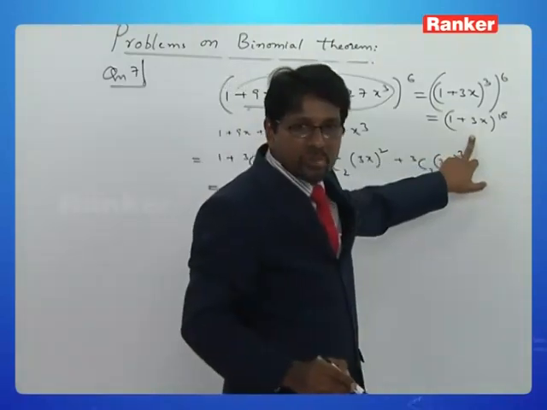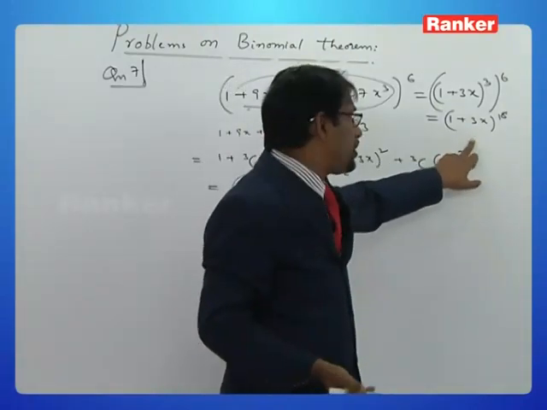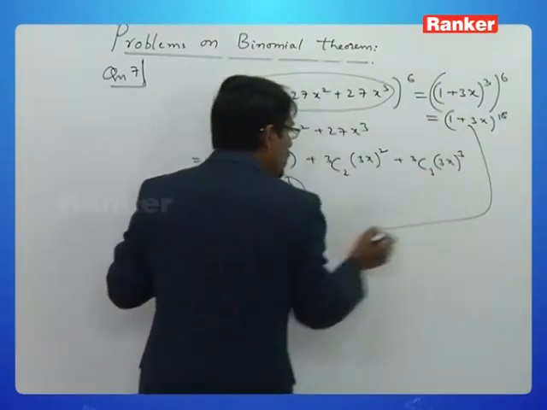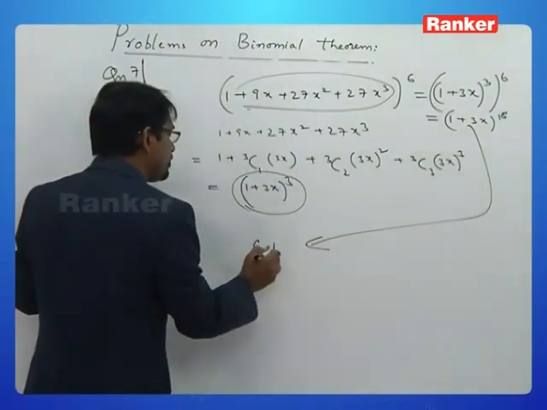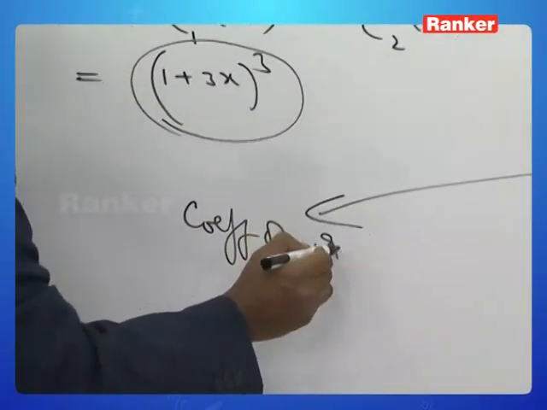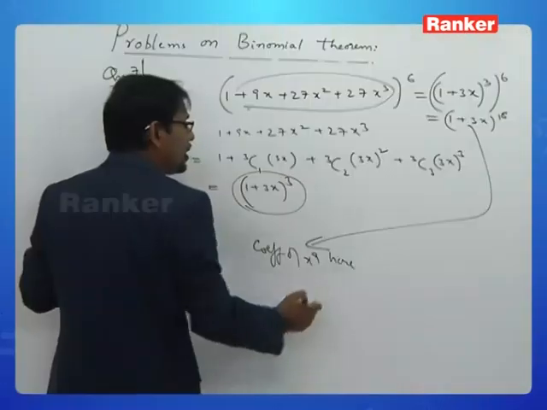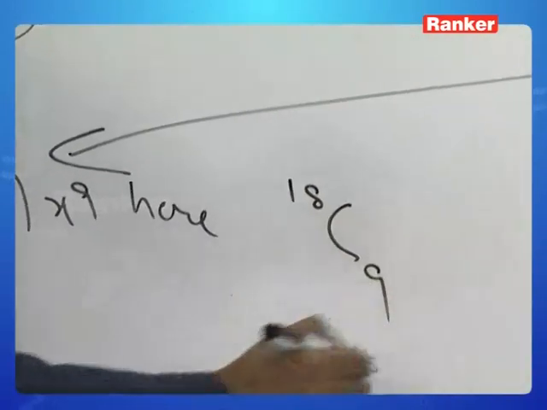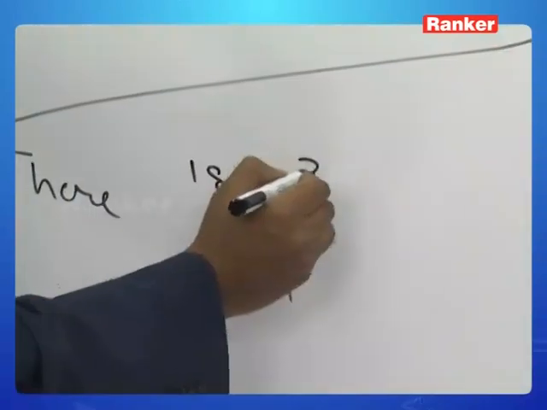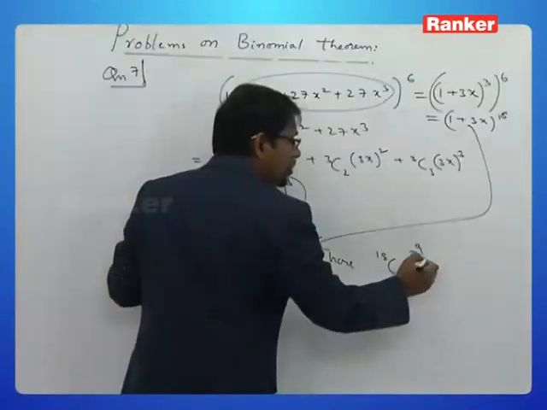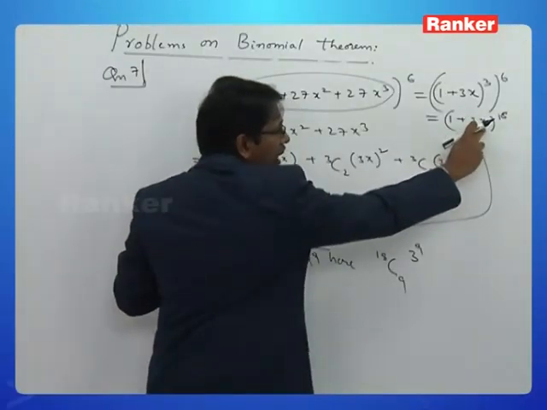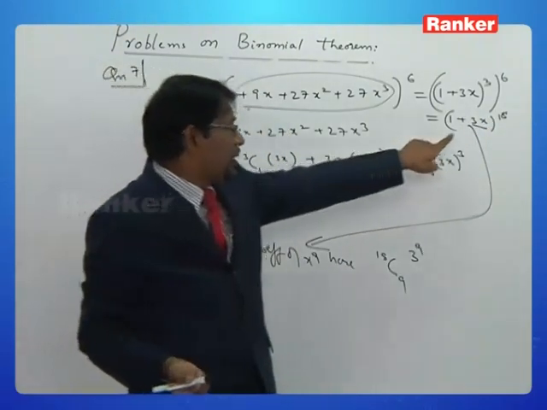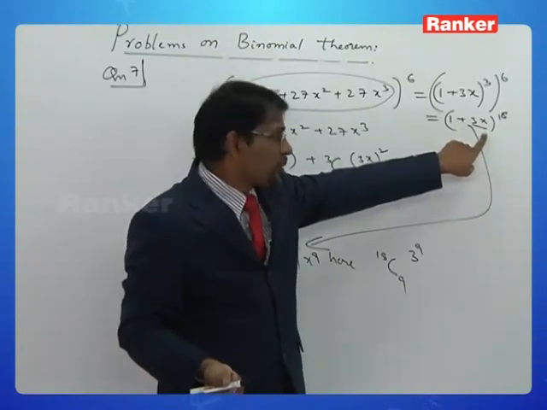Now this is a binomial expansion, and in that what are we interested in? We are interested in the coefficient of x power 9. So the coefficient of x power 9 here is, what is that? 18C9 into 3 power 9, because this x power 9 will come with this 3, since x is not a separate symbol, it is associated with 3 there.